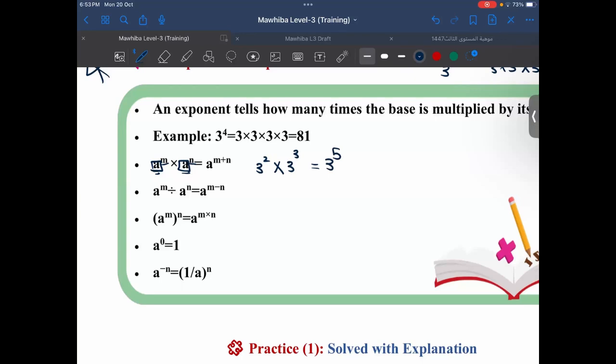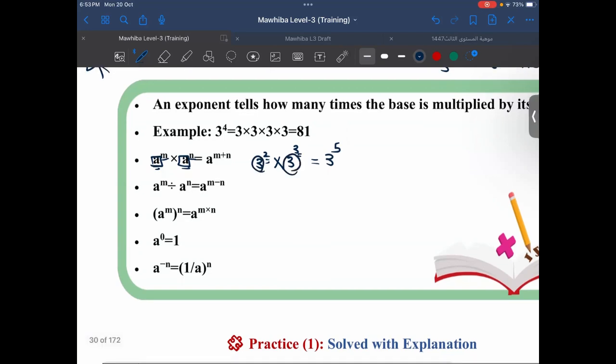We don't need to solve the number, we want to know the exponent here. So 3 to the power of 5, because I have 2 and 3, it's the same base, and it's multiplication, so I add.